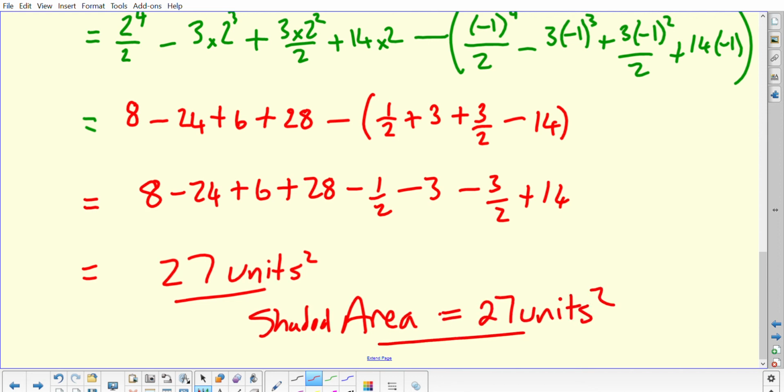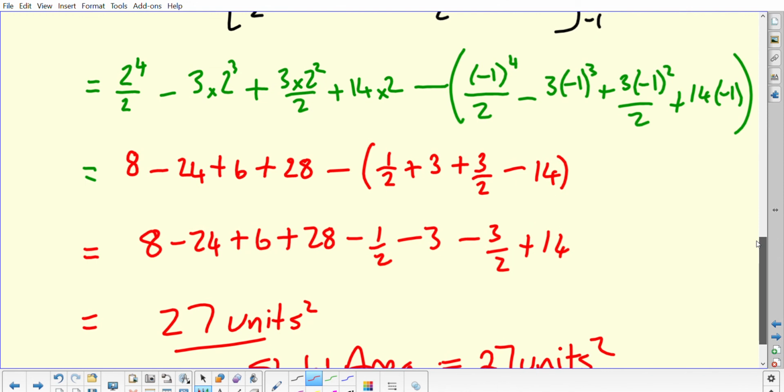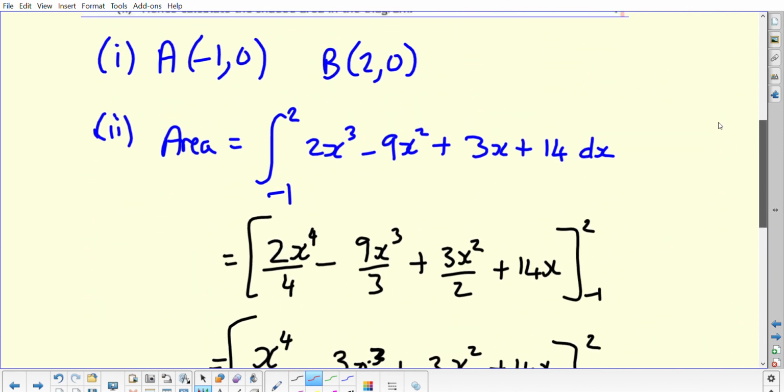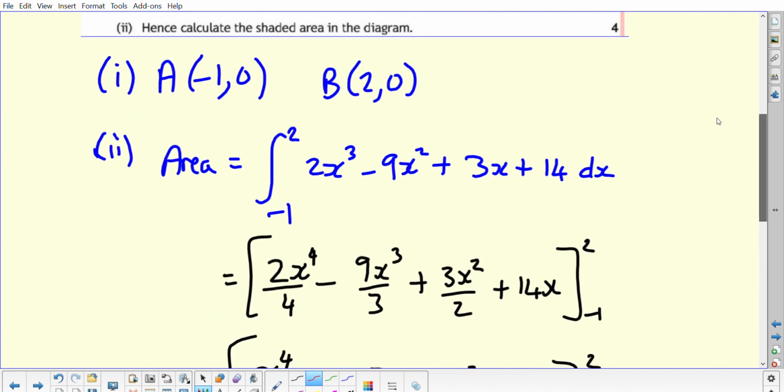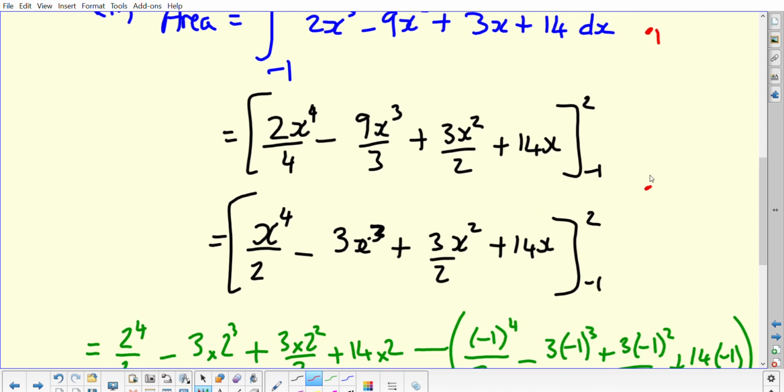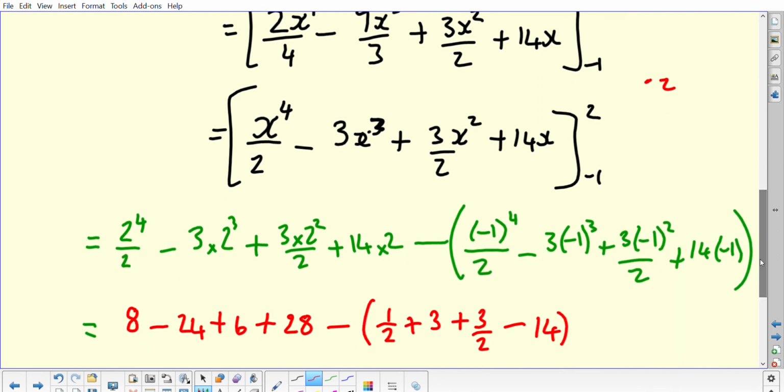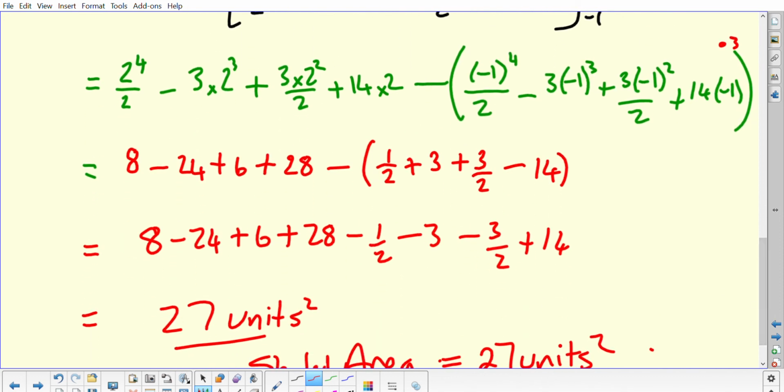So check your own work and look at where you would get marks in a question like that. This is worth 4 marks, so you do get your mark for writing down this expression here. You get a mark for having integrated correctly. Your 3rd mark is for the substitution line, and the 4th mark is for the final answer.